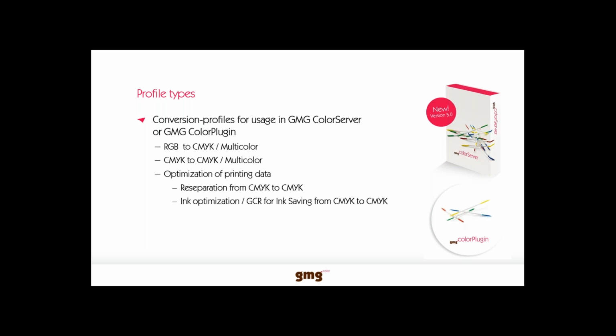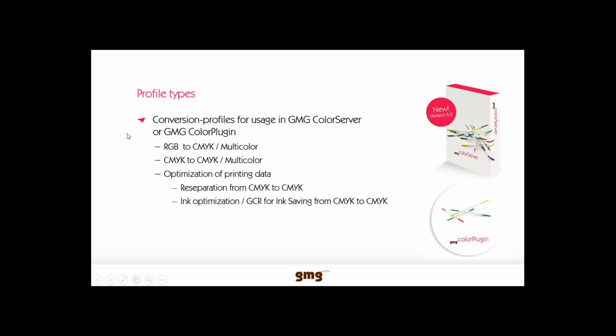This means we can create RGB to CMYK profiles from an RGB color space like eciRGB to your custom characterization or to a multicolor characterization, or from another CMYK color space like ISO Coated v2 to your custom characterization.